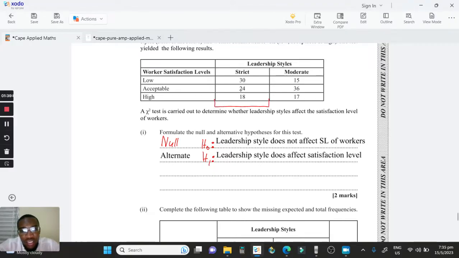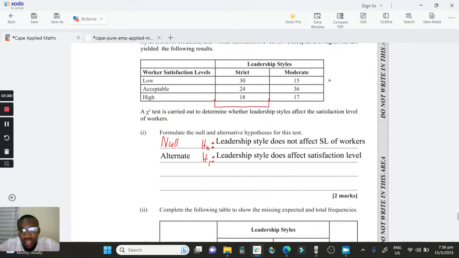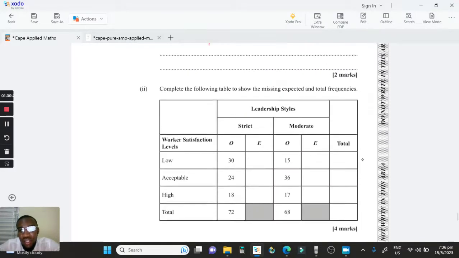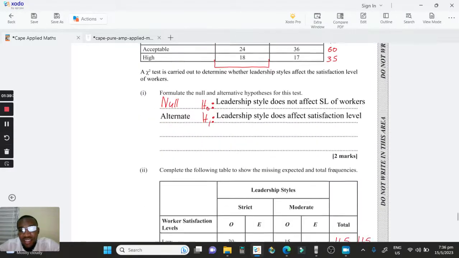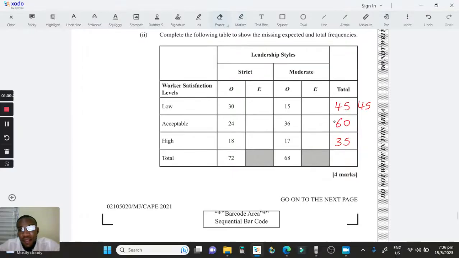Only thing they should have given me: this is 45, this is 60, and this is 35. So I put 45 here, 60, and 35.